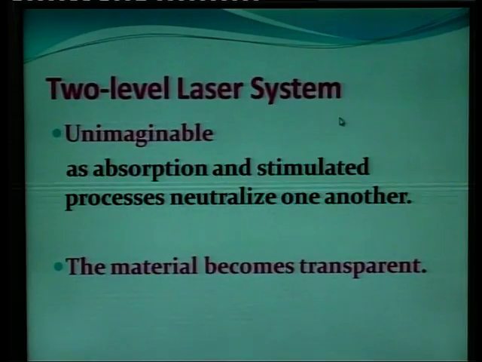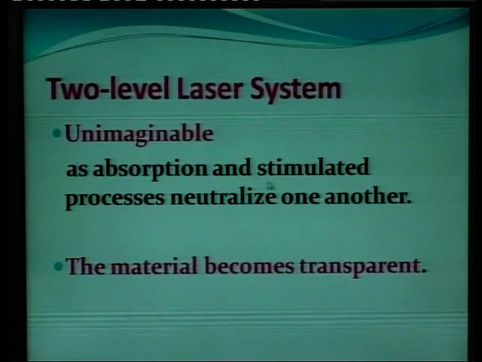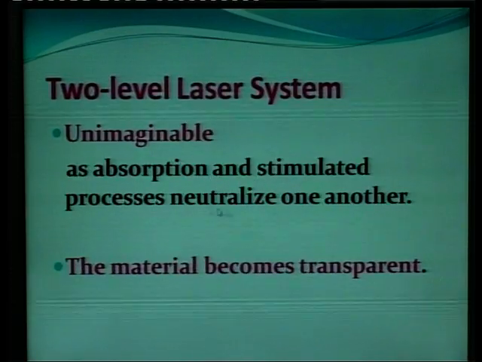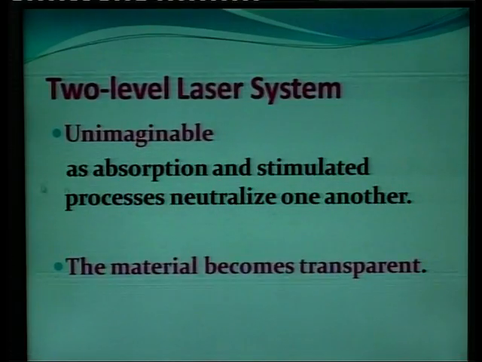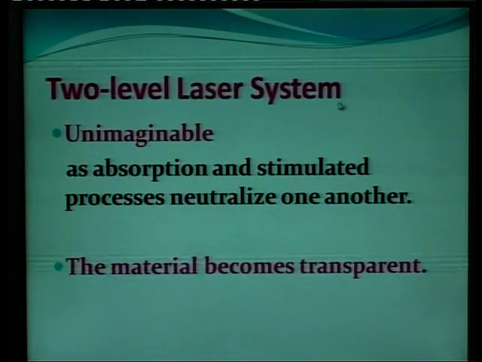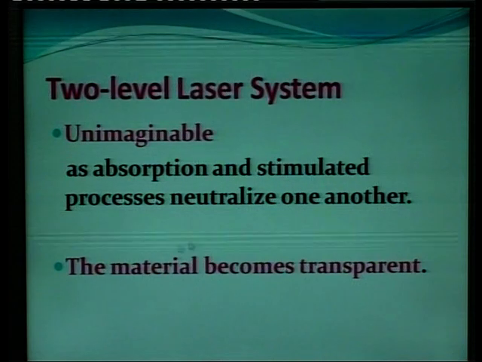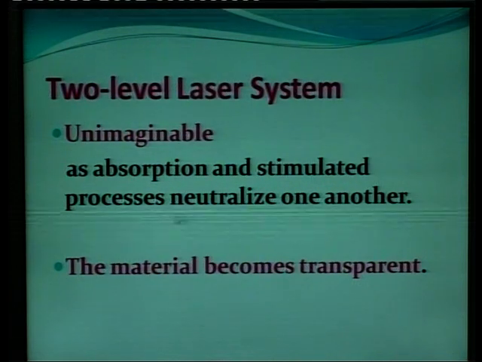So now what are 2-level lasers? 2-level lasers means we will use only 2 energy levels to produce a laser. This is unworkable, as absorption and stimulated process neutralize one another. So the material becomes transparent. So these are not very popular lasers, 2-level lasers, because absorption and stimulated process neutralize each other.